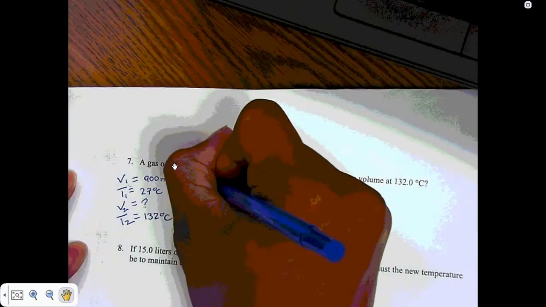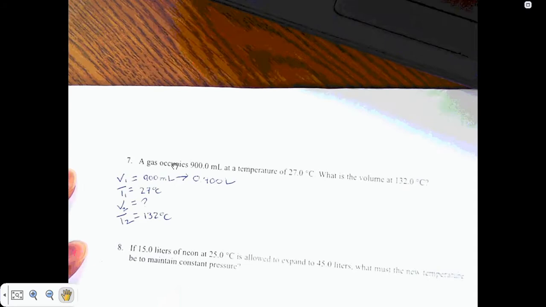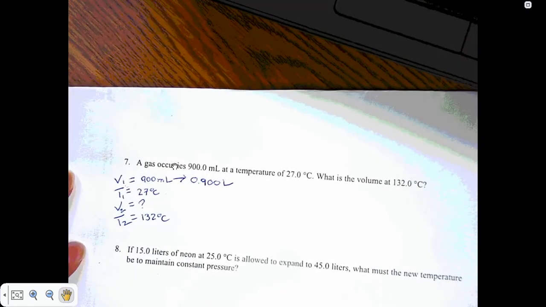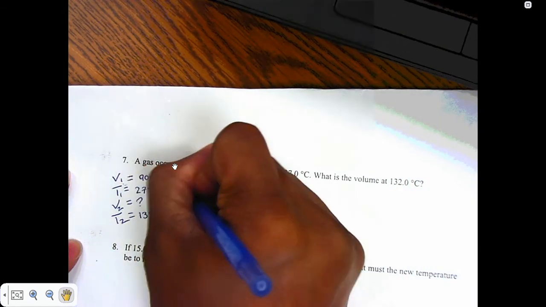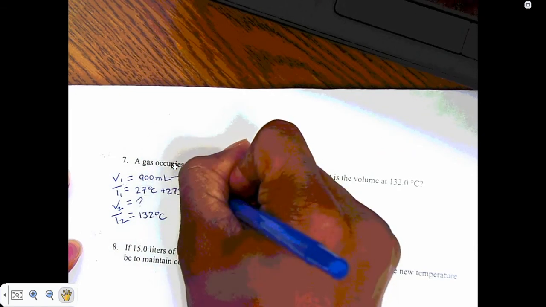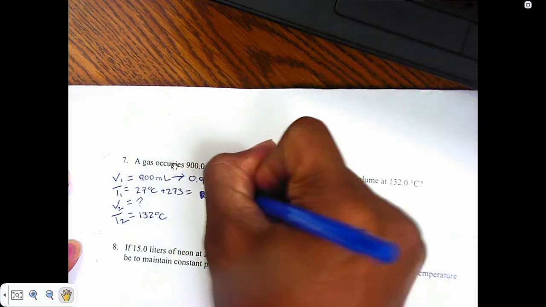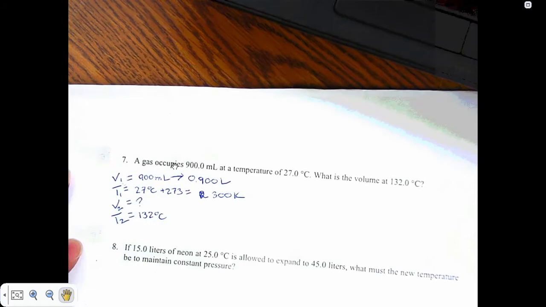I'm going to convert this to liters, and you can convert to liters by dividing milliliters by 1,000. I'm going to next convert from 27 degrees Celsius to Kelvin, which will yield roughly, let me correct myself, 300 Kelvin. I still don't know my V2 value, but that's going to be in liters, whatever it is.